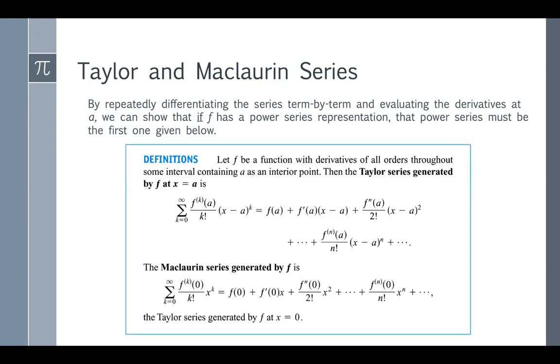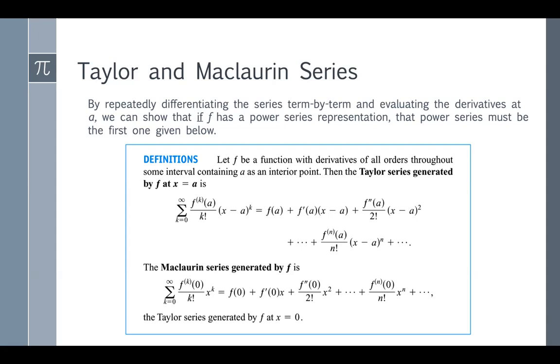All right, so this is a definition. Let f be a function with derivatives of all orders throughout some interval containing a as an interior point. Then the Taylor series generated by f at x equals a is the sum k equals 0 to infinity of the kth derivative of f at a over k factorial, so that's the coefficient, times x minus a to the k.